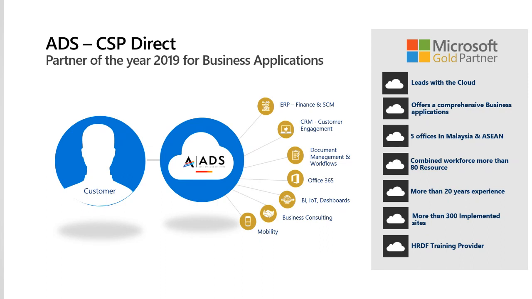With this digital transformation, we are able to expand the solution offering beyond the traditional ERP or CRM, which is now called customer engagement, to additional component services from Azure, including document management, Office 365, business intelligence, and IoT services.